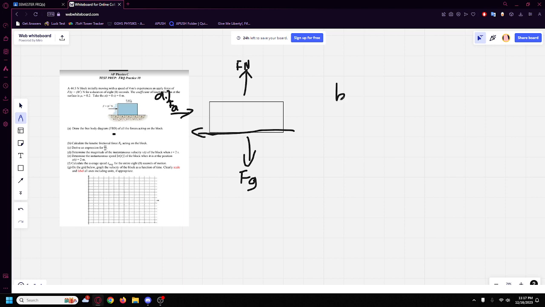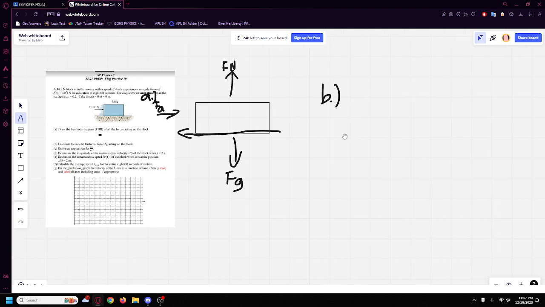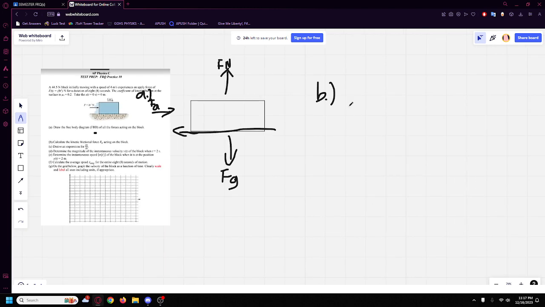For part B, it asks to find the frictional force acting on the block. To find the frictional force, Fk is equal to mu K times Fn. In the block, Fn is equal to Fg, so Fk is equal to mu K Fg.